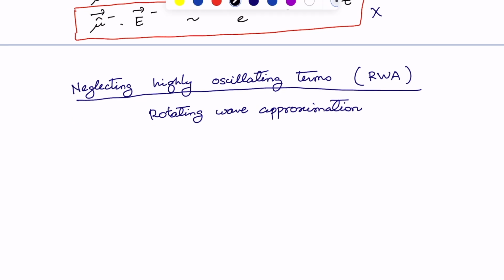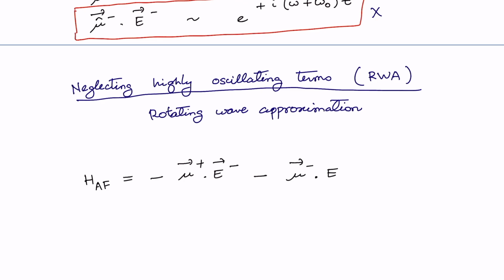I can now write down my atom-field interaction part of the Hamiltonian. H_AF is equal to minus mu plus dot E plus minus mu minus dot E minus.